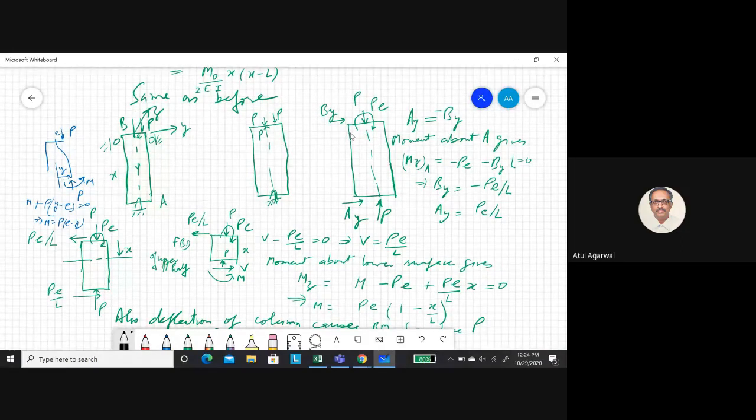Sign will become opposite. Look, any two forces in the same line, you can add up. There is a net force. Any problem? Look, whenever you're doing force equilibrium, moment equilibrium, you can translate the force in the same direction. It is the law of transmissibility of forces. That will not affect your equilibrium.